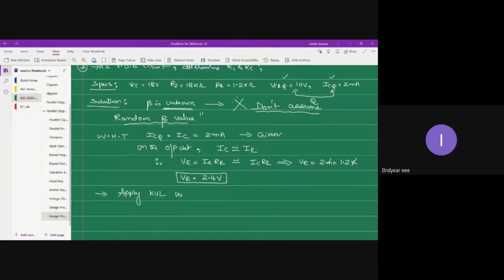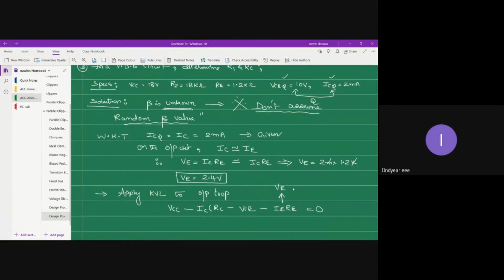Next up we have the output equation. So apply KVL to the output loop. When we apply KVL to the output loop in case of voltage divider bias, we get VCC minus ICRC minus VCE minus IERE is equal to 0.